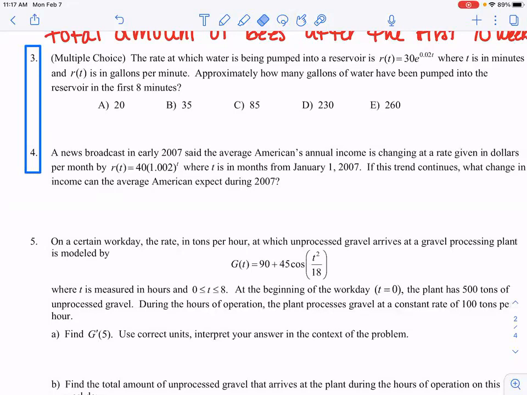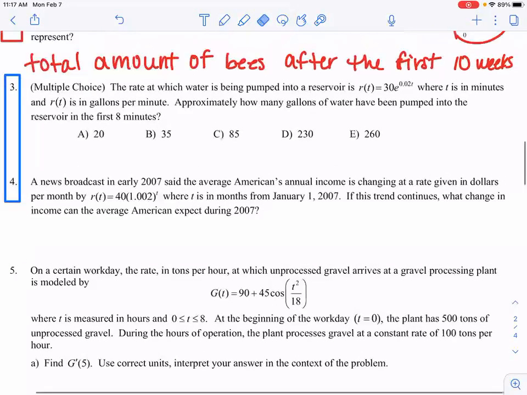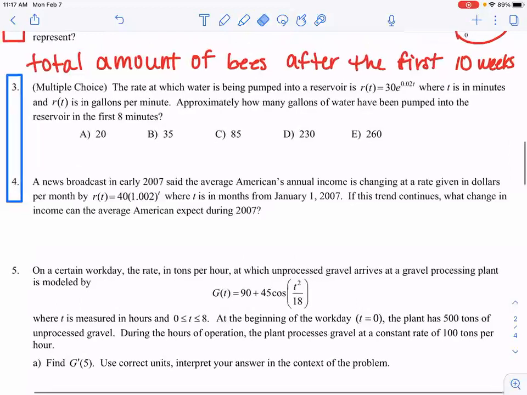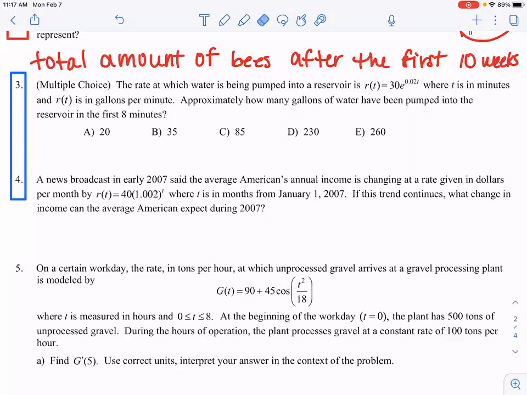Okay, let's talk about number 3. Kylie, what did you set up to get your answer in number 3? 30e to the 0.02t.